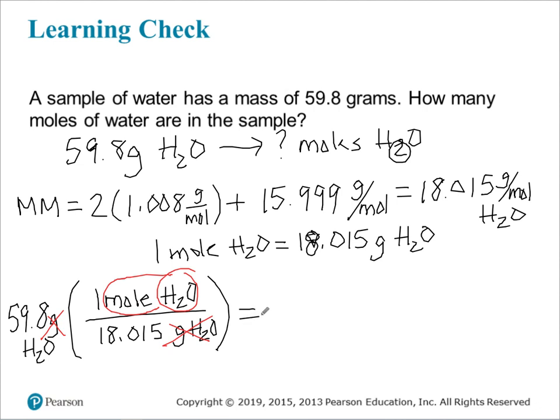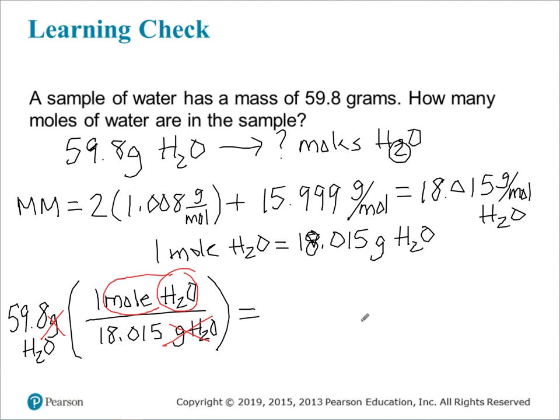When you do this, you're going to put into your calculator 59.8 divided by 18.015. I'll give you a second to do it in your calculator, just to make sure you're alive and with me.